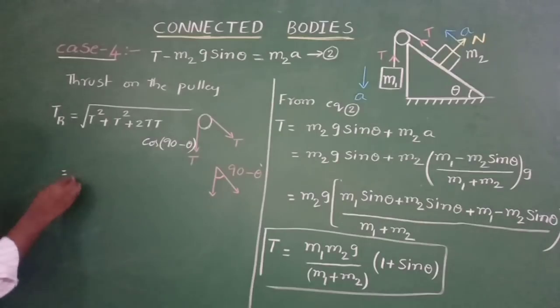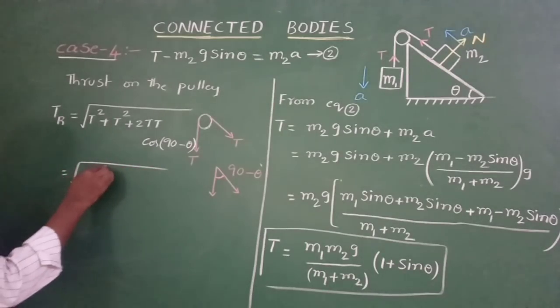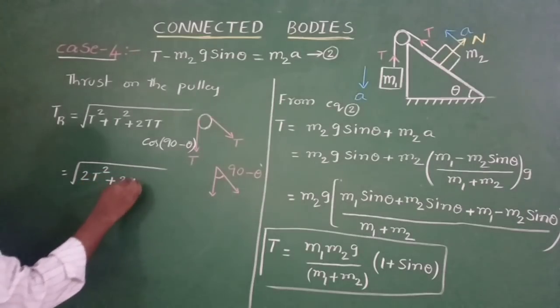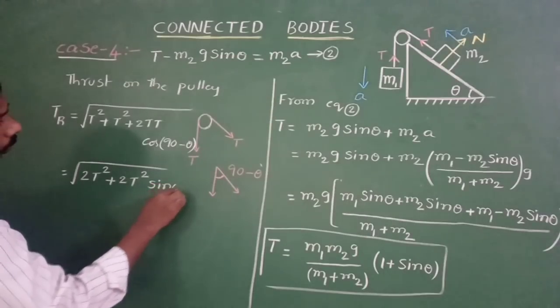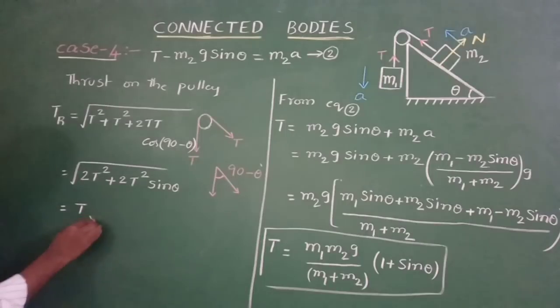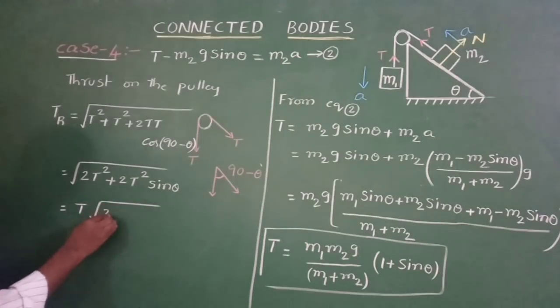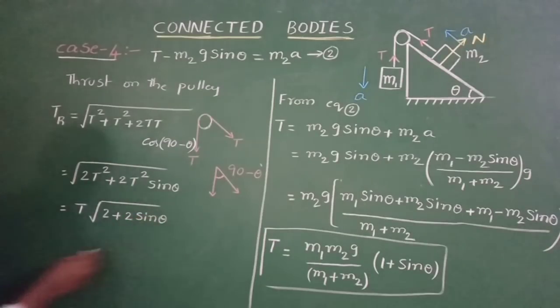This gives 2T square plus 2T square sin theta. If you take T common, then we get T into root over (2 plus 2 sin theta). This is the thrust acting on the pulley.